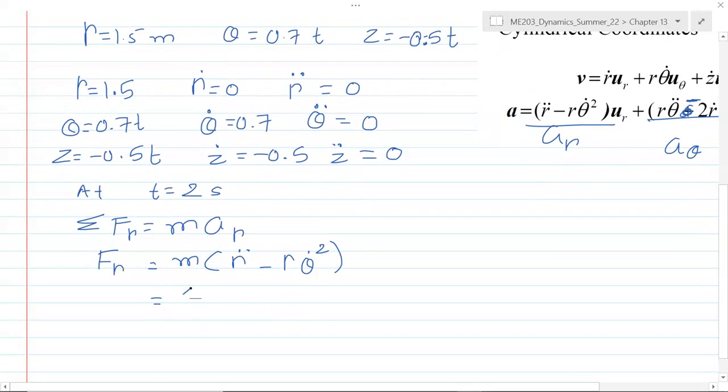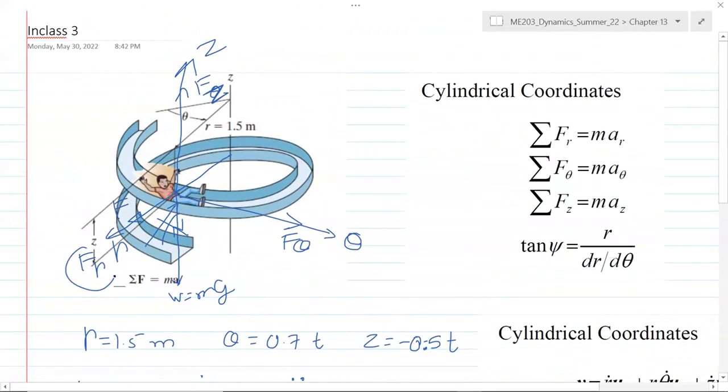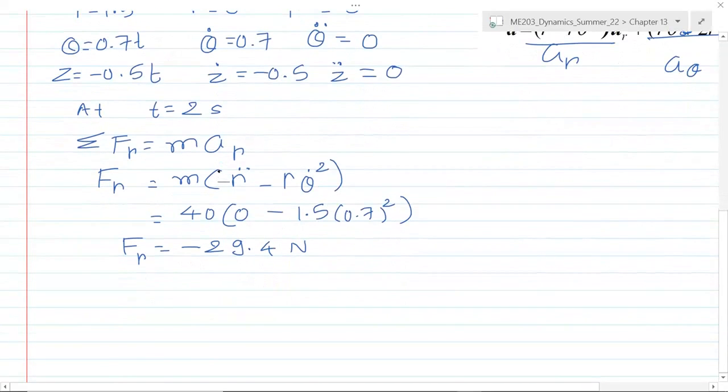We can substitute values here: 40 kilograms, r double dot is 0, r is 1.5, and theta dot is 0.7 squared. So we get a negative number, which is minus 29.4 newtons. Don't worry if you get a negative number. It simply means that this component of the force Fr is not along the positive r direction, but along the negative r direction.